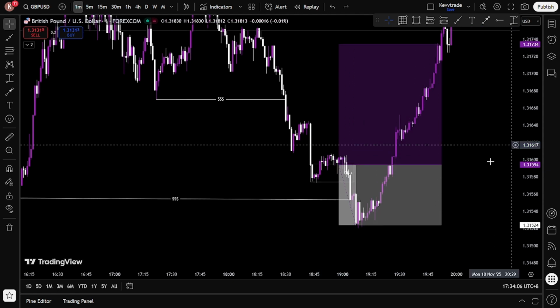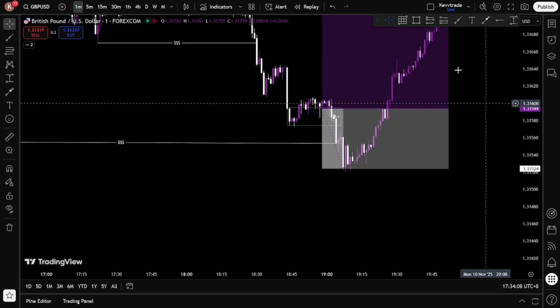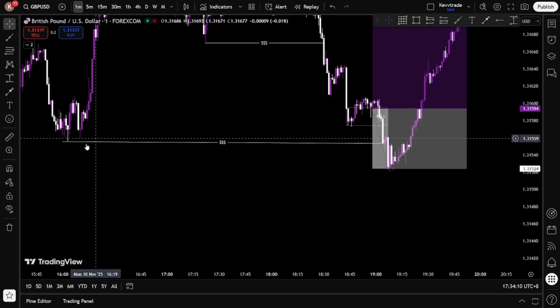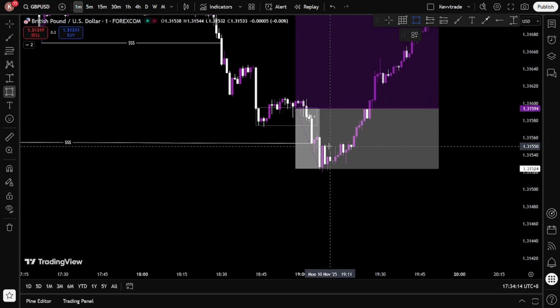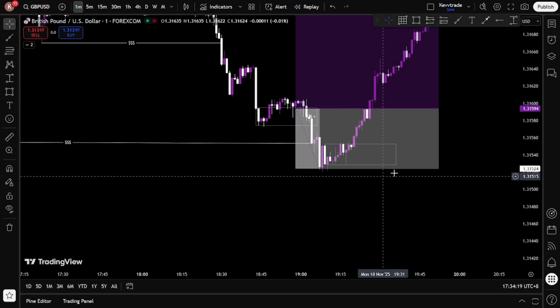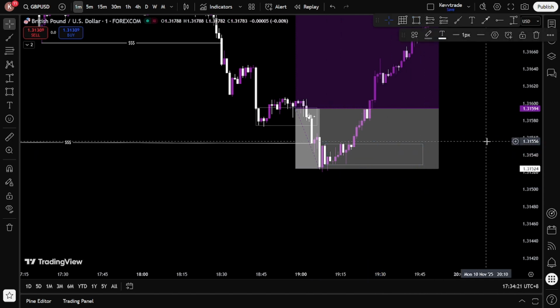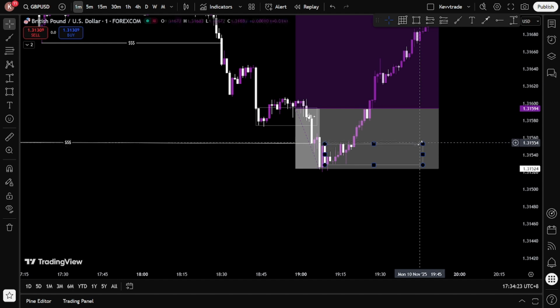So I will just show you guys if there's an order block here, which is after this external sweep. So an order block would usually be around here. It's usually the expansion. You can call it this. And price doesn't give me an order block unless you're talking about this.